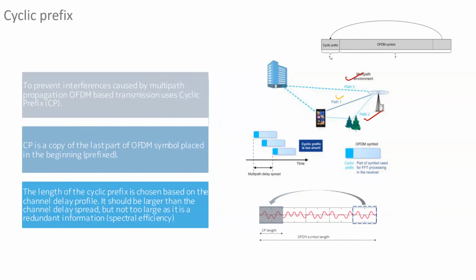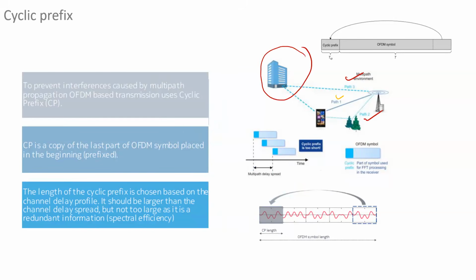Path 1 is the direct propagation path between the base station and the mobile device. Path number 2 has a small delay and is reflected through trees. The third path, with the largest delay, is reflected through the building.